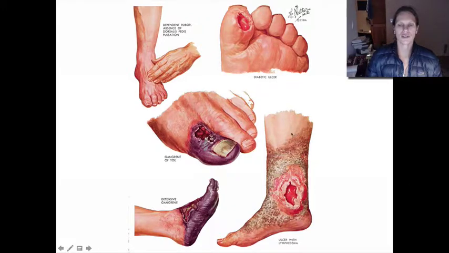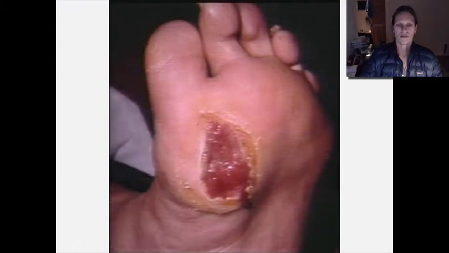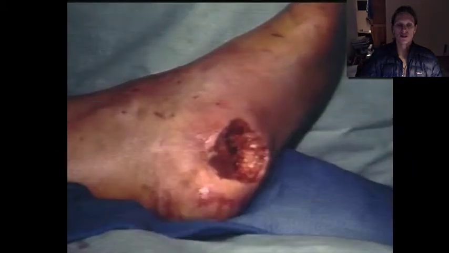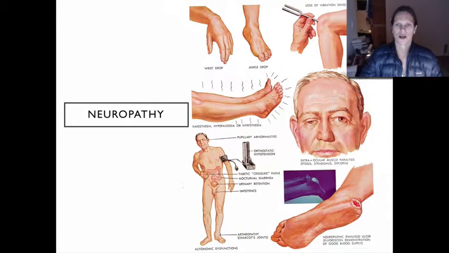They just don't have enough circulation, and they have a lot of sugar in their blood as well, which feeds any infection that might be present. That's an actual diabetic foot ulcer. That's another one. It's hard to imagine that these things can get like this, but you have to remember they're very slow to heal, really poor wound healing, and they can't feel that in many cases because they have really very little sensation because of the neuropathy.